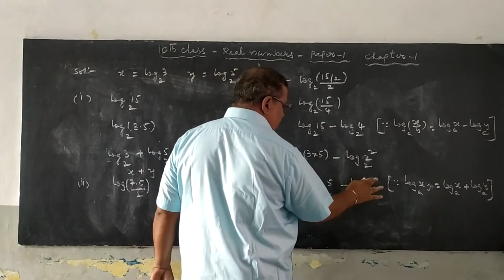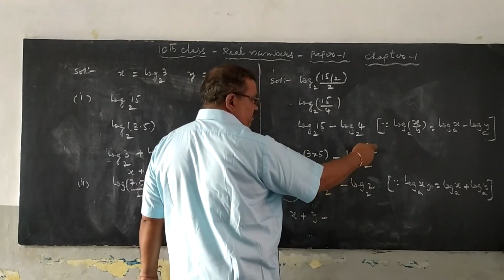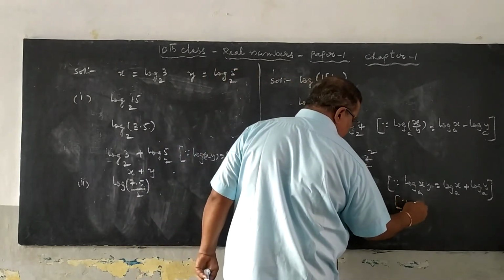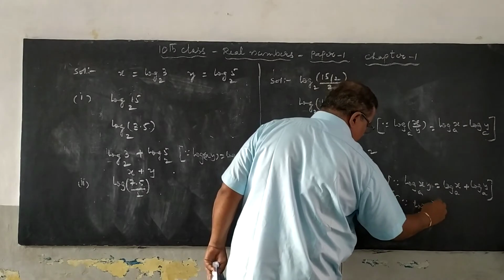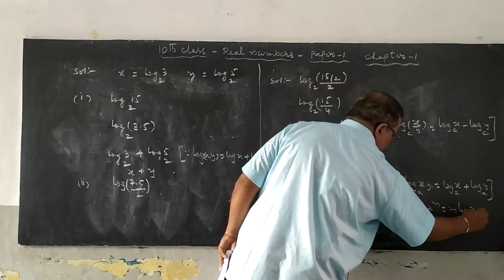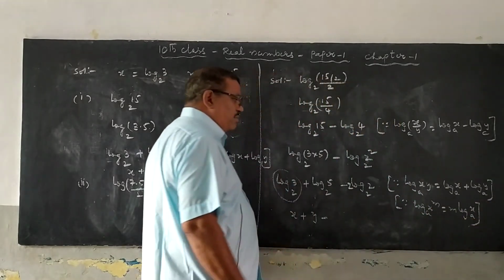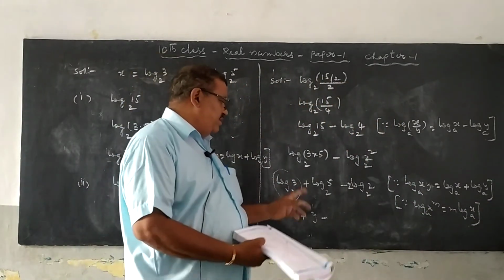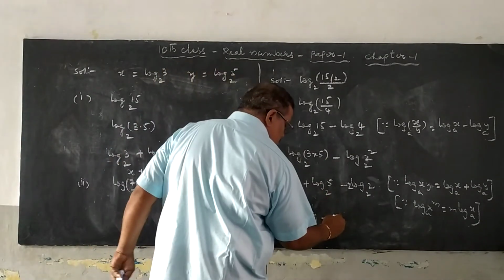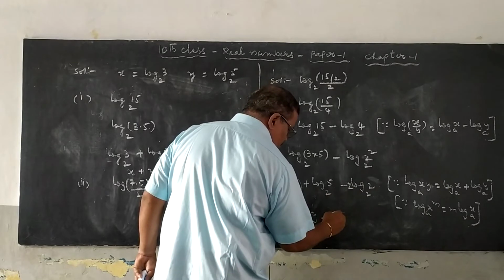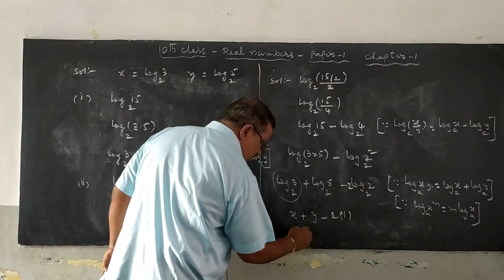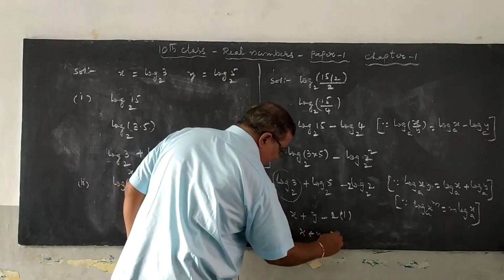Here I have to write log x power m base a is equal to m log x base a. Two supporting formulas are applied here in the same question. This is x, this one is y, and the third one is 2 into log 2 base 2, which is 1, so 2 into 1. So you get x plus y minus 2.